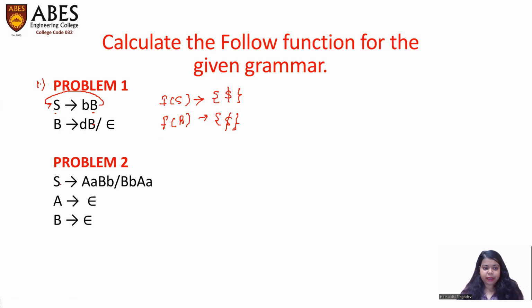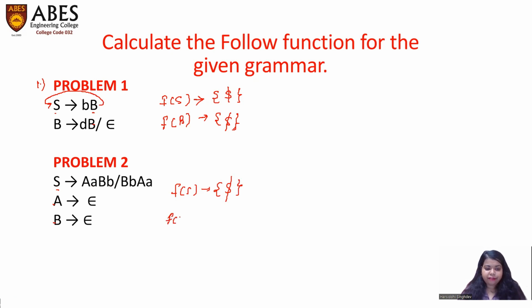Now see this example. Here we have to find follow for S, A and B. So let's start. Follow of S: S is the starting symbol, so dollar will come. Is S occurring in the right hand side? No. So only dollar will come.